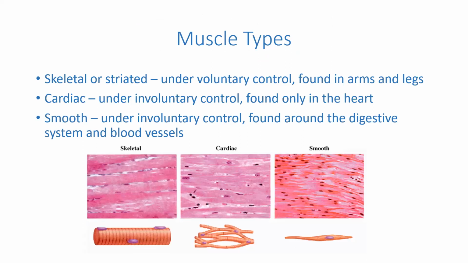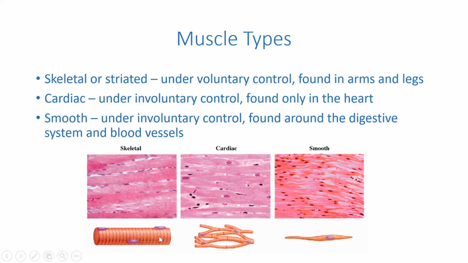So muscle types, three types of muscles. Skeletal muscle, the stuff that we can control. Voluntary control. Raise your arm, lower your arm, walk, talk, move, chew, eat, swallow. All these things are under voluntary control. Skeletal muscle is also called striated because it has a series of stripes, light and dark bands.